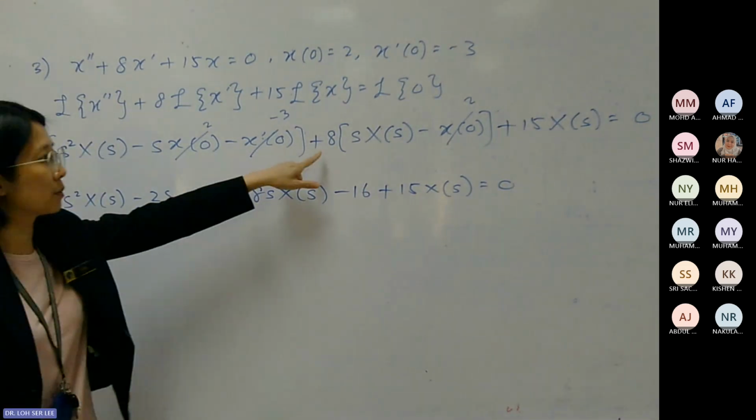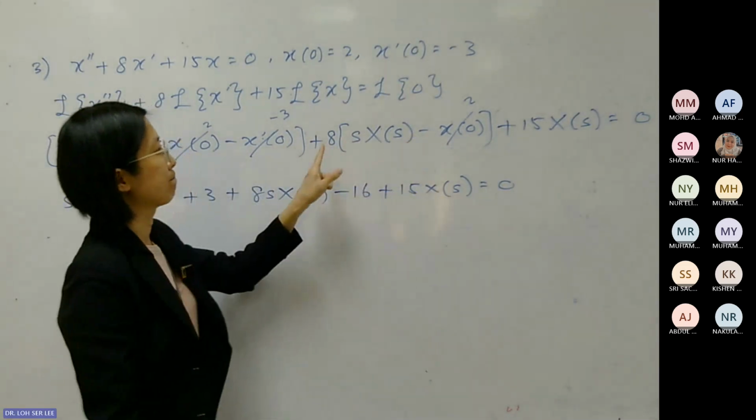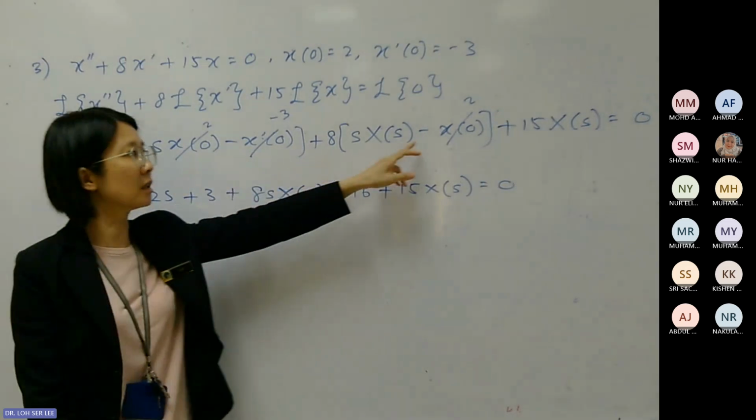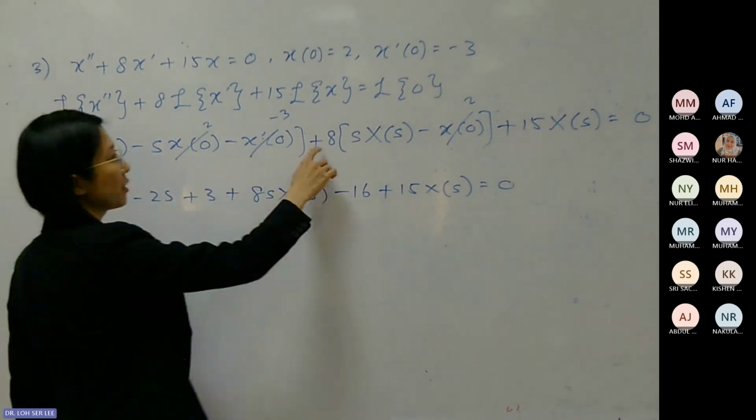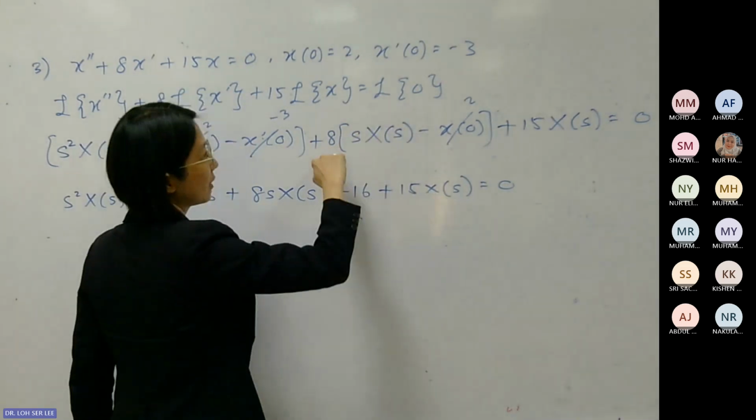Need to be careful with this because students normally make a careless mistake here. Forgot to multiply the 8 inside the bracket. Yes, multiply, you have to open this bracket next.